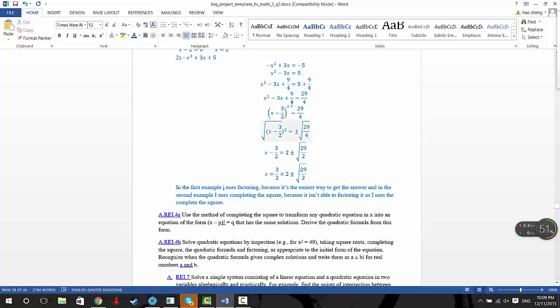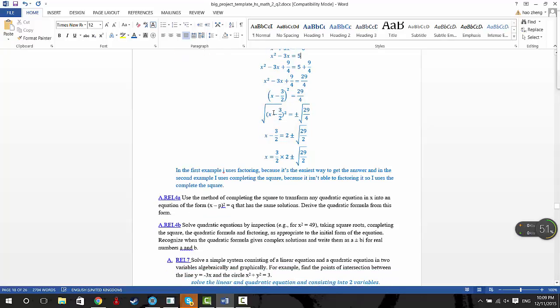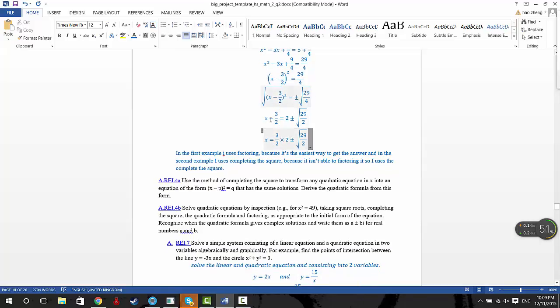And we don't want these things anymore, so just put the square root on both sides. And then after that, the bracket and the exponent are gone, right? But there's the square root over here.